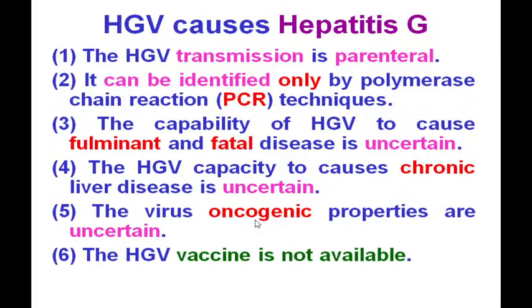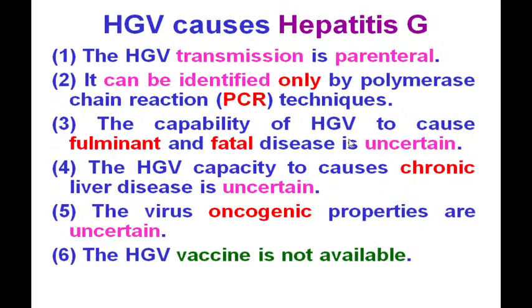We believe that hepatitis G virus causes hepatitis G. It is transmitted parenterally. It can be identified only by polymerase chain reaction. Other tests, ELISA, have been developed, but they are not sensitive enough.